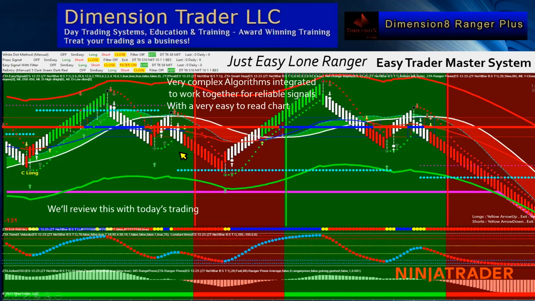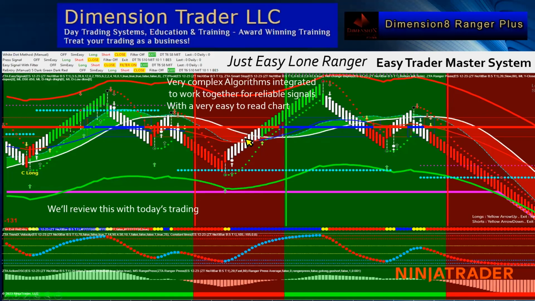But you actually have three possibilities of three signals on this simple Just Easy Lone Ranger chart. You have the Easy Trader itself, you have the Lone Ranger indicator, which is right here, but then you have what I call a re-entry technique.